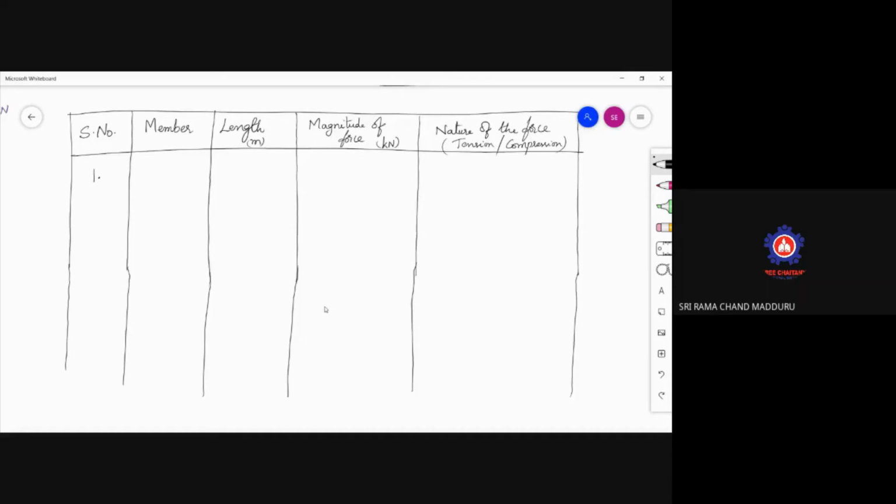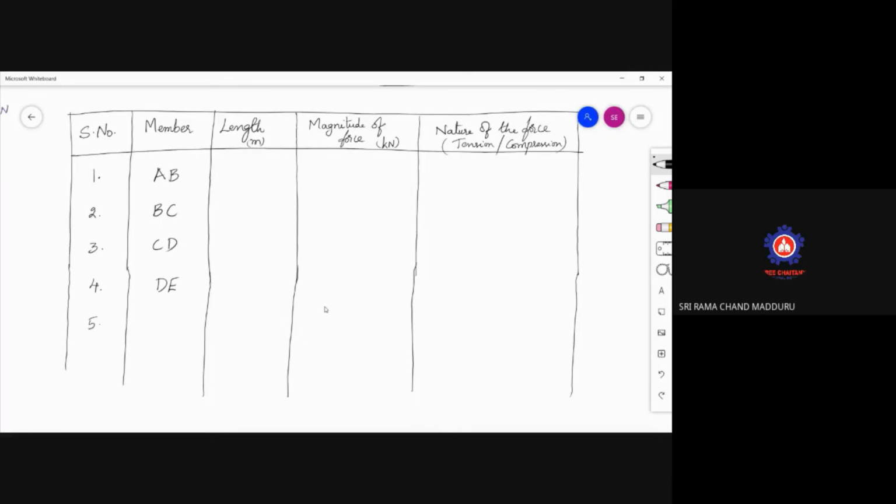So the first member is AB. Second member is BC. Third member is CD. Fourth one is DE.